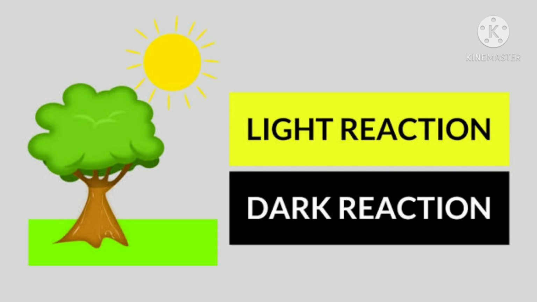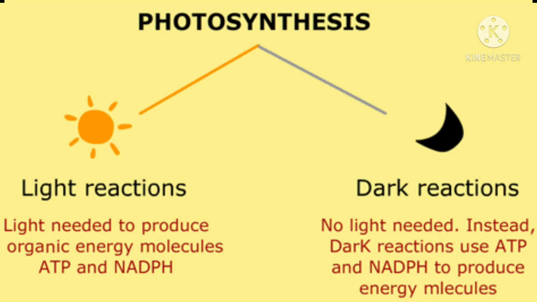The photosynthesis process occurs in two phases. The two phases are the light or photophase and the dark phase. Photosynthesis reactions occur as light reactions and dark reactions. In light reactions, light is needed to produce organic energy molecules like ATP and NADPH.